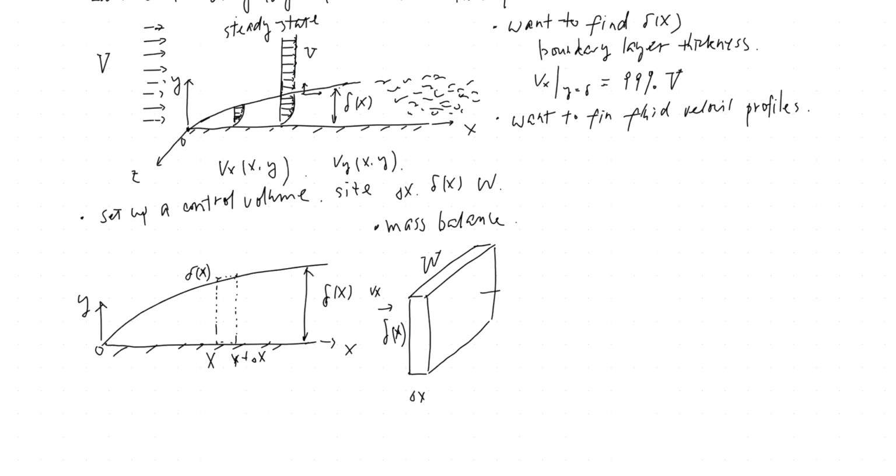Vx from the left is the flow into the control volume. And on the right-hand side, we have Vx at x plus delta x. It's the flow out of the control volume. This is the x direction of the flow. And on the top of the control volume, we know that there is a Vy.